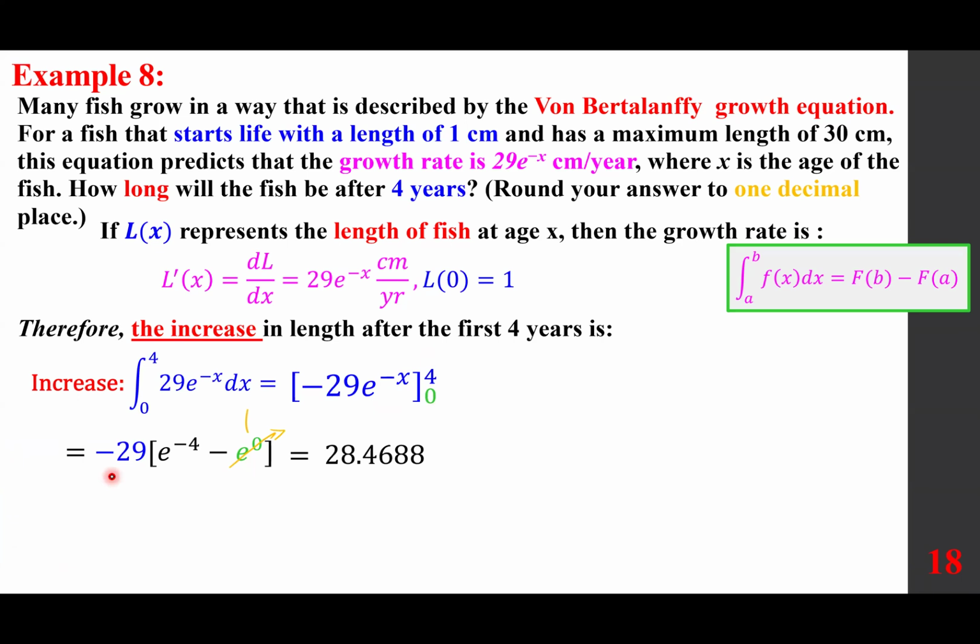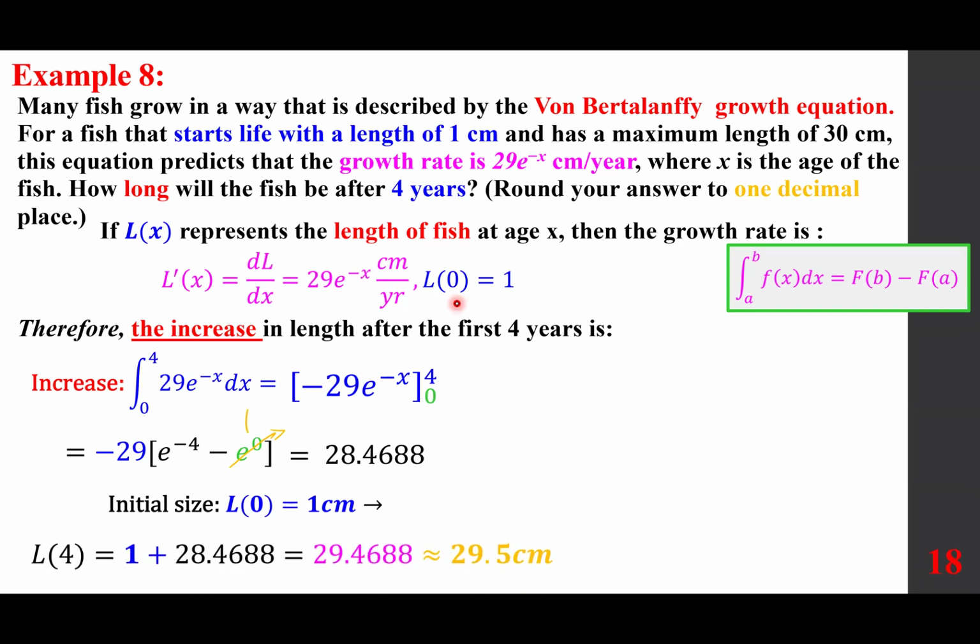The initial value, L of 0 was 1, must be added to this amount of increase. So it has been increased by that much. Originally, it was 1. And now it's this much. And now I pay attention to one decimal and I say 4 next to it is 6, goes up to 5, 29.5 centimeters.